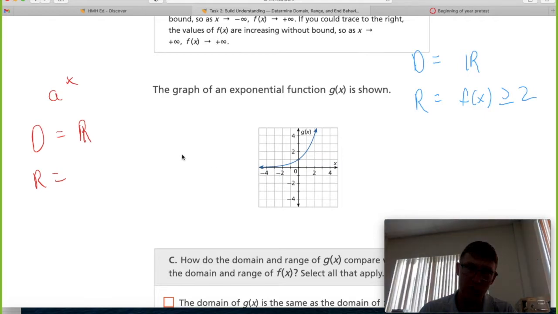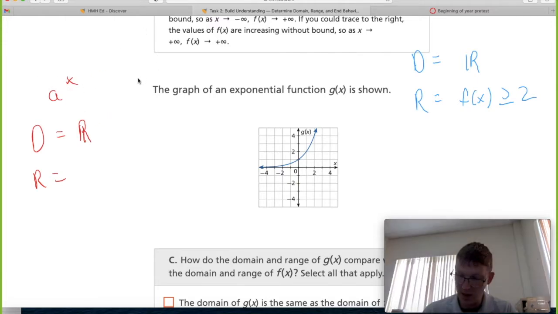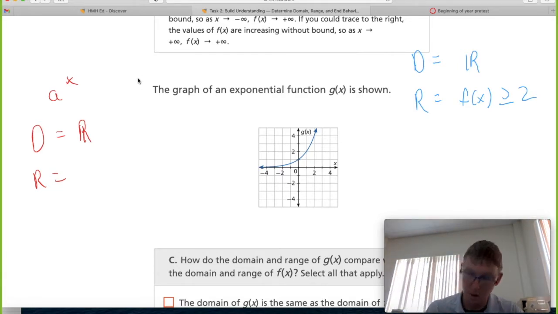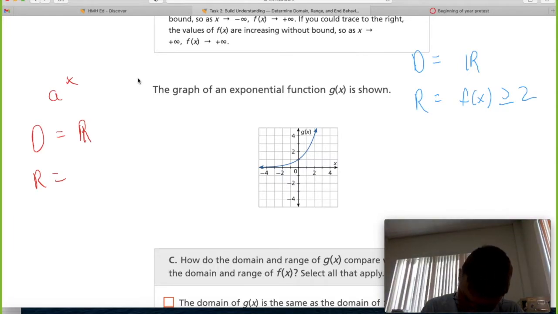If you go really, really negative, you're still not going to hit 0. There's no way that you can make this function hit 0. So our range, and I'm going to put this one in interval notation because interval notation is cool, is 0, does not include 0, and then it goes up to infinity.